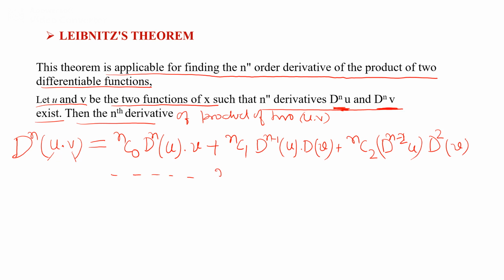The last term is nCn, the u function as it is, and the n time derivative of v.